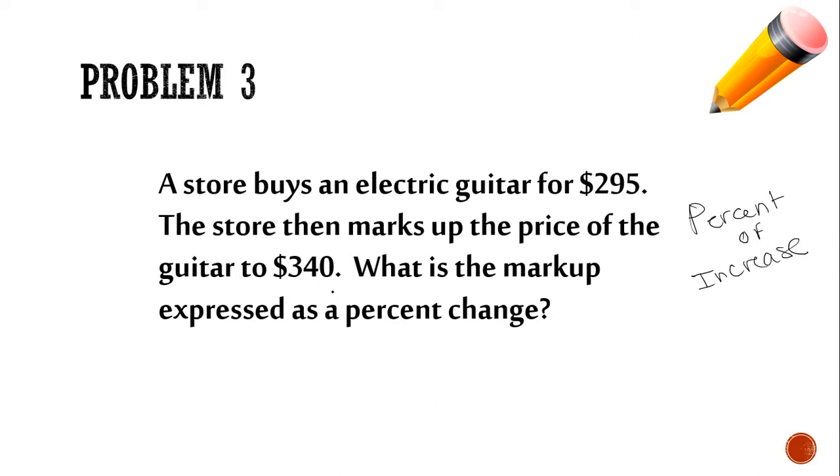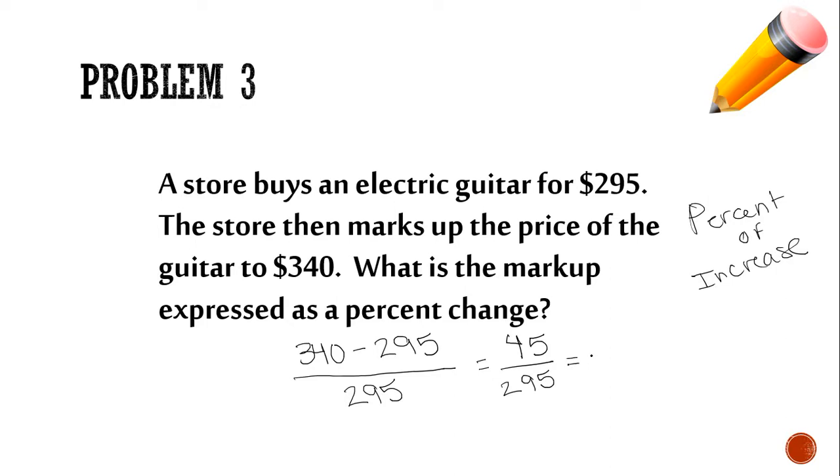So I'm going to do the new amount minus the original, so 340 minus 295, over the original. Remember, it's always over the original. So 340 minus 295 is 45, and over 295.